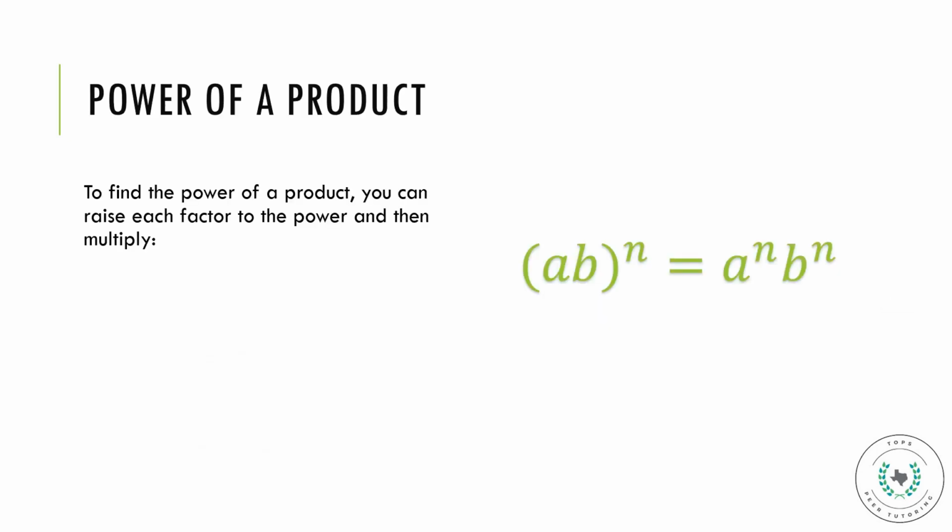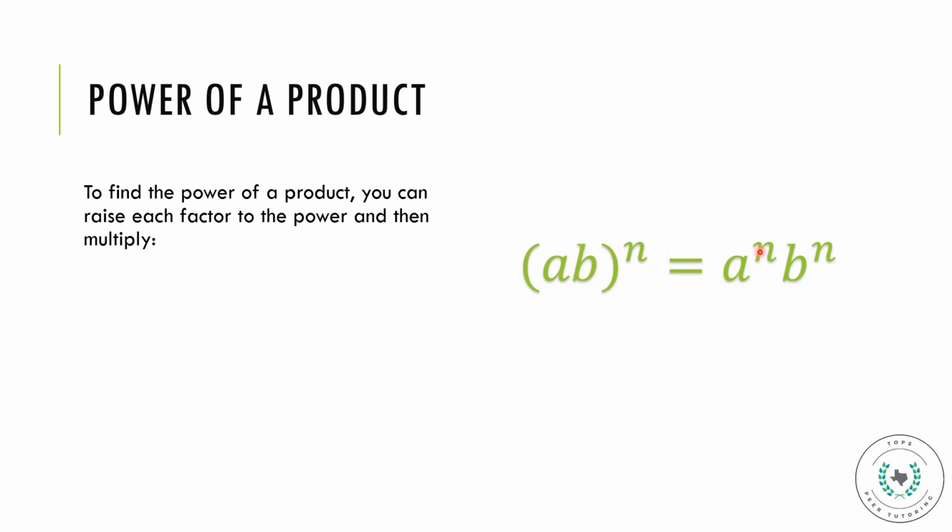Now, here's another rule that goes with it. This one is known as the power of a product. It states that to find the power of a product, you can raise each factor to the power and then multiply. This is what it looked like on a formula sheet and in most problems. Here is a and b in parentheses to the power of n.